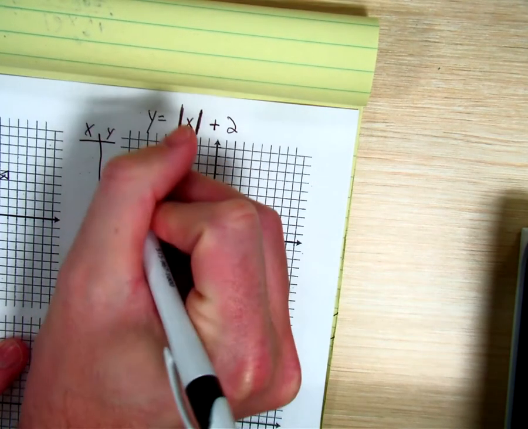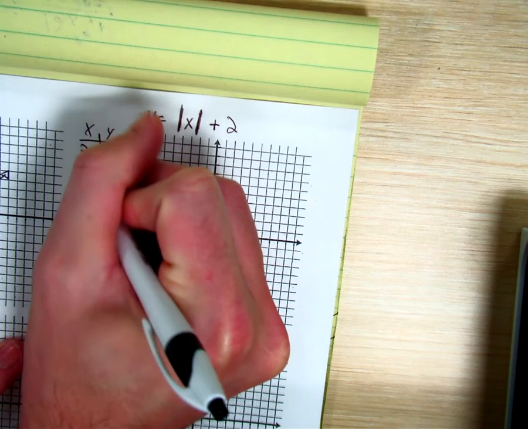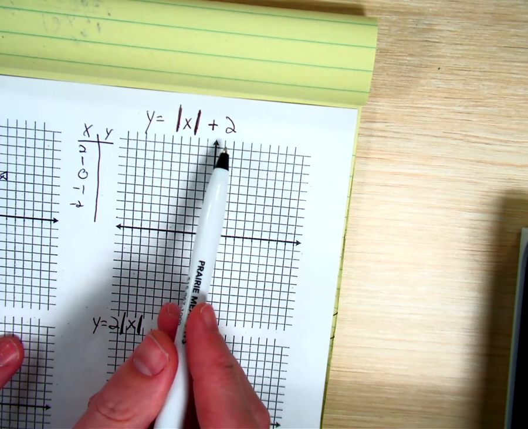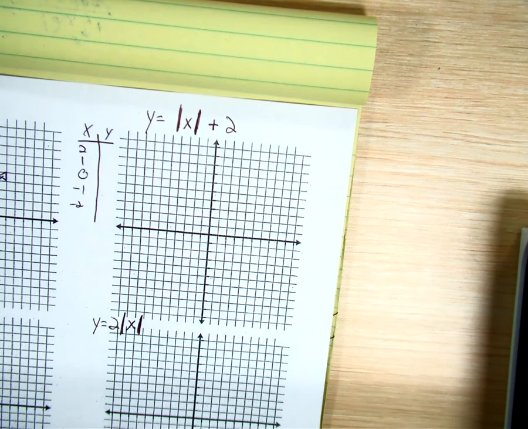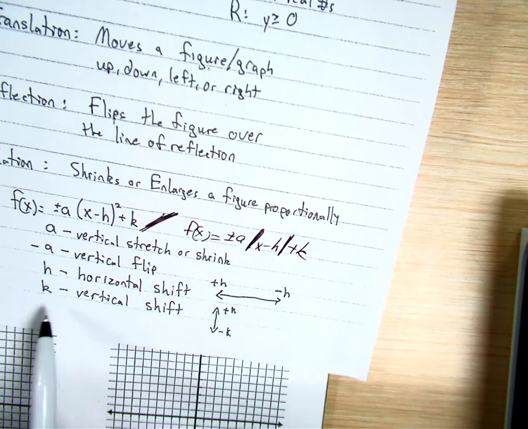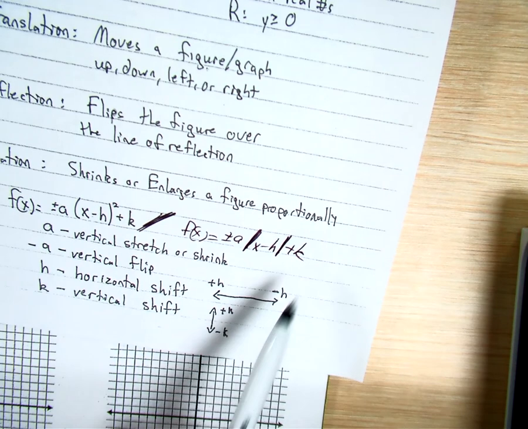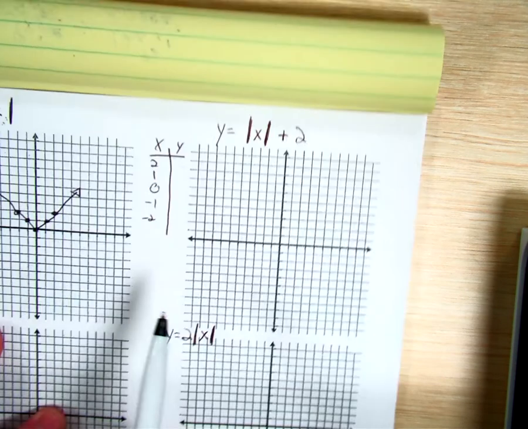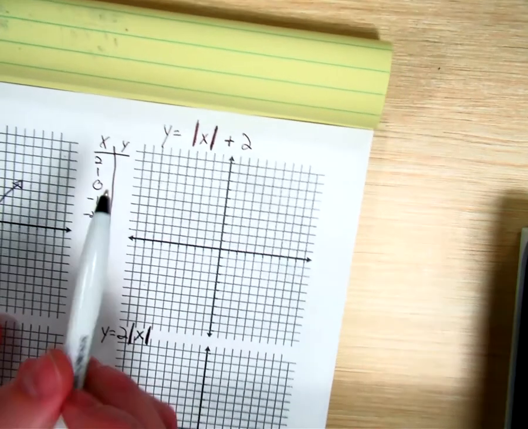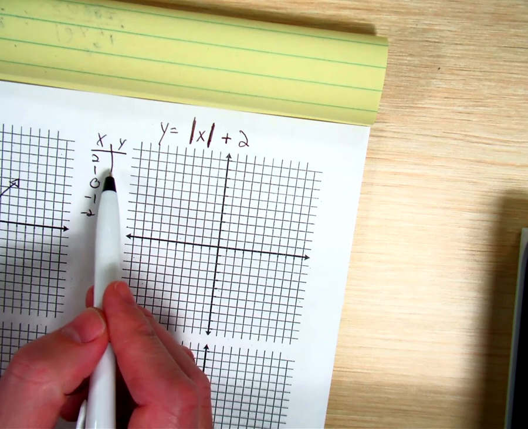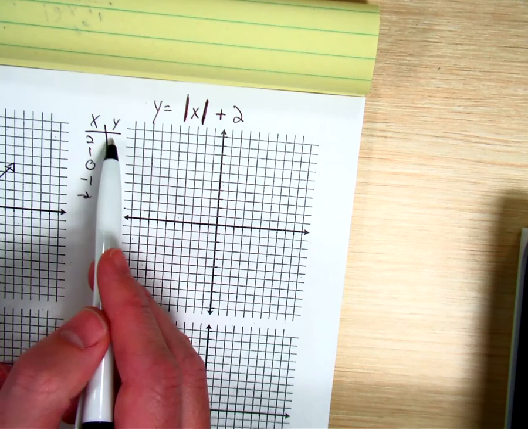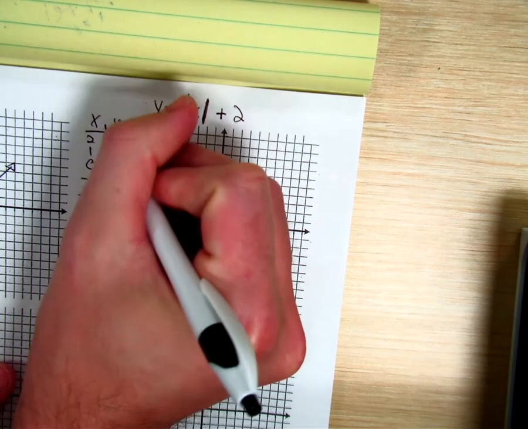Next one. I'm just going to keep using the same 5 points here. Absolute value of x plus 2. Think about what we talked about: if there's a big plus or minus on the outside, it should shift things vertically. So a plus 2 should slide things up 2. It's going to be the exact same graph, just everything bumped up 2 spots. We'll keep using the T-chart for the first couple, and try to shift away from that as we go. Absolute value of 2 is 2, plus 2 makes it 4.